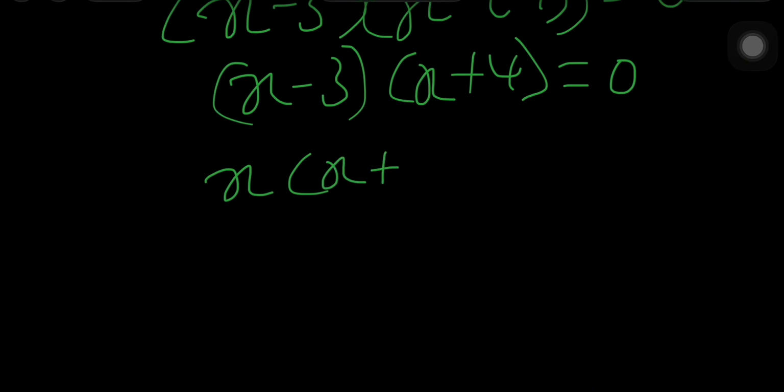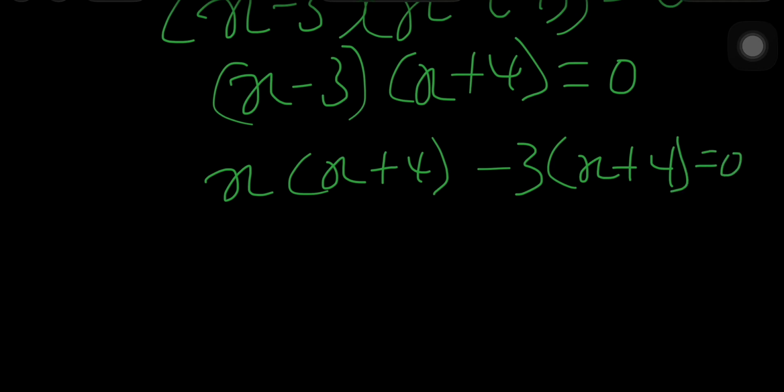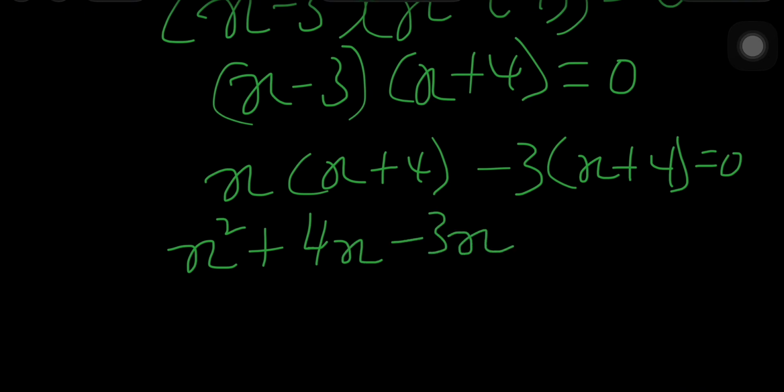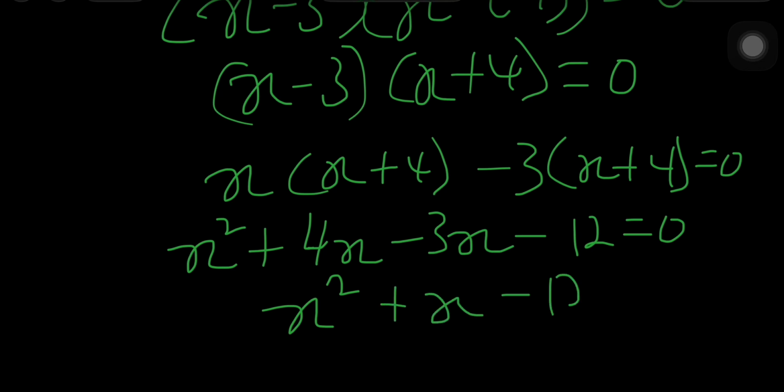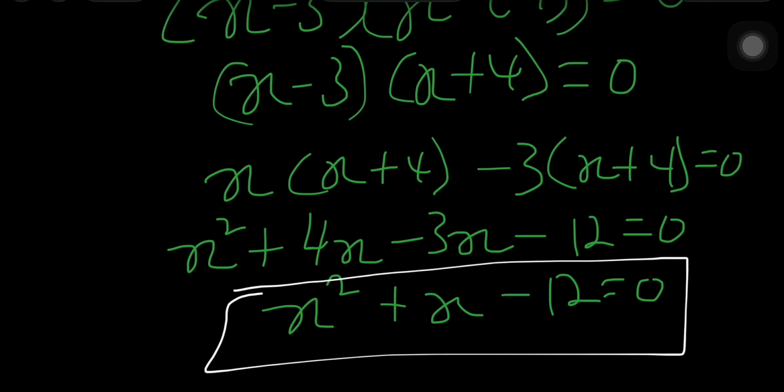That will be x multiplying (x plus 4) minus 3 multiplying (x plus 4) equals 0. x squared plus 4x minus 3x minus 12 equals 0. x squared plus x minus 12 equals 0. And this becomes our quadratic equation.